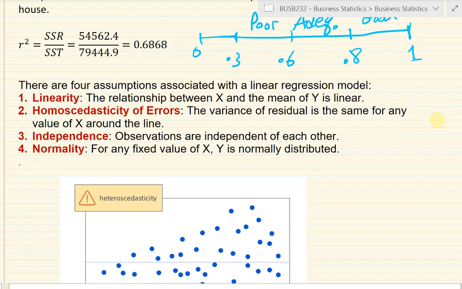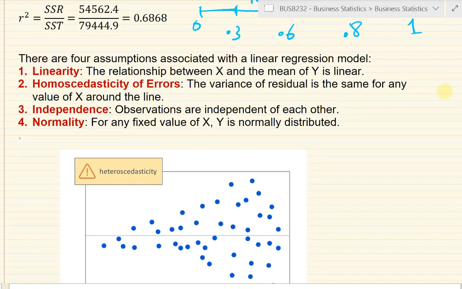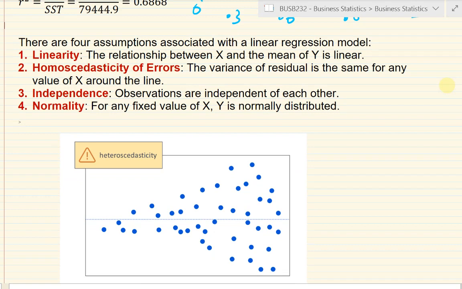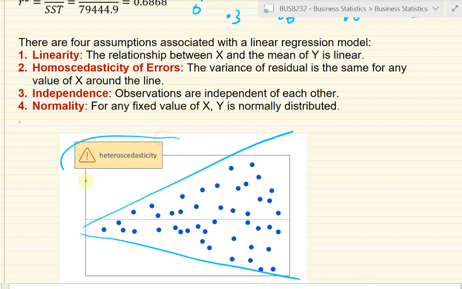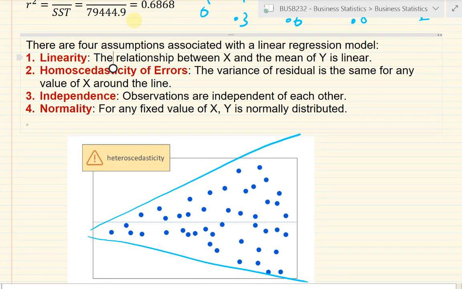And here's what a violation of the second assumption, homoscedasticity, looks like. Homoscedasticity means being the same. Homogeneous, think of it as homogeneous. See this funneling effect? This is a case where the error terms are heteroscedastic. So our assumption is that we have homoscedasticity.